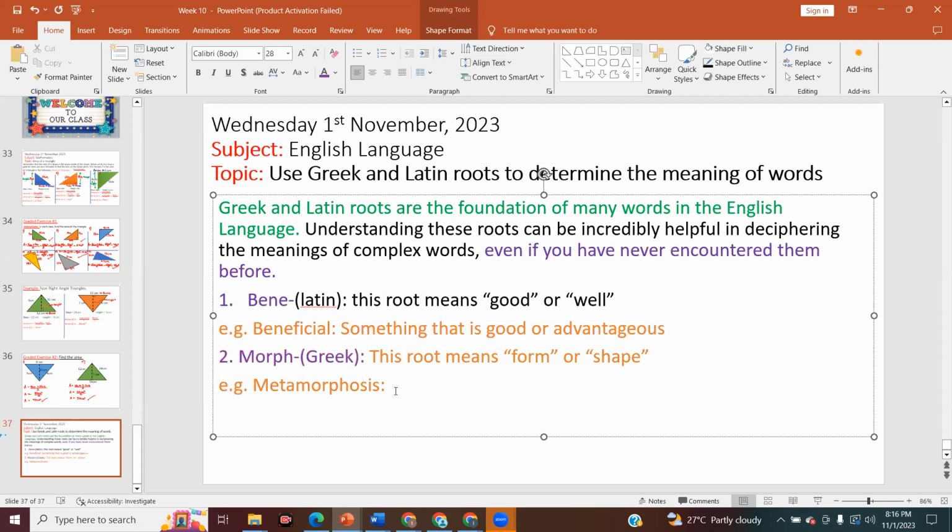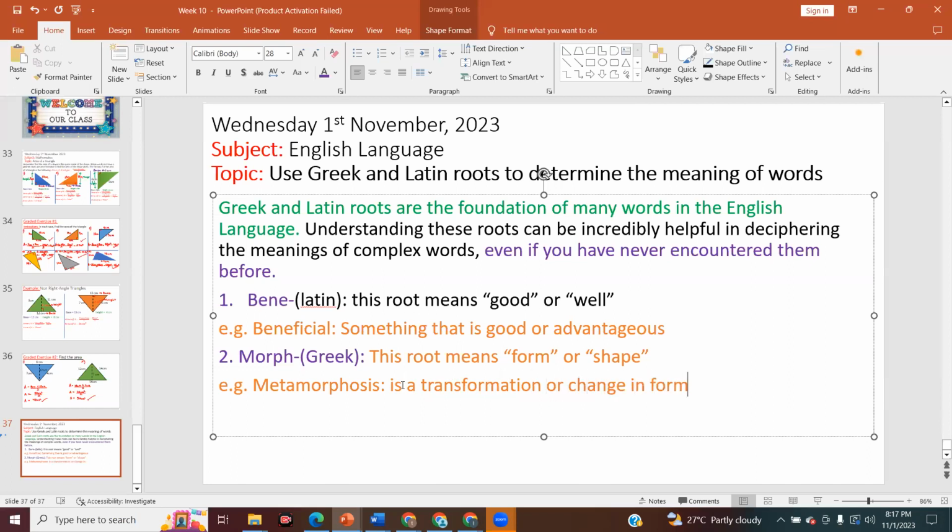A caterpillar undergoes metamorphosis. A bear hibernates, right? So metamorphosis is a transformation or change in form.